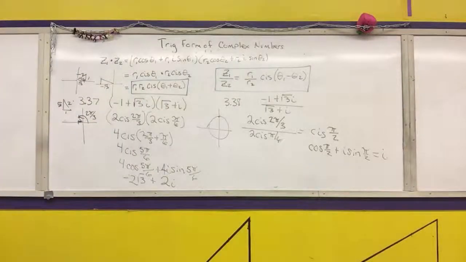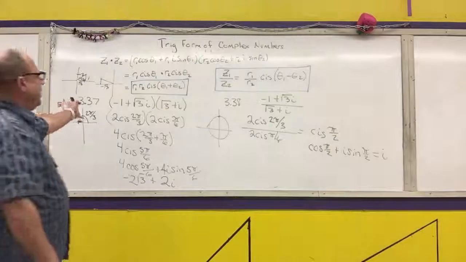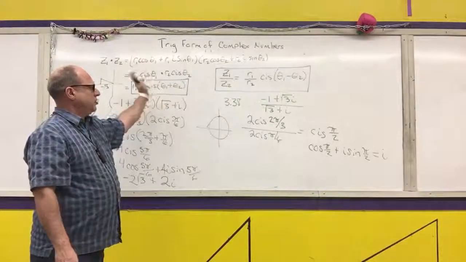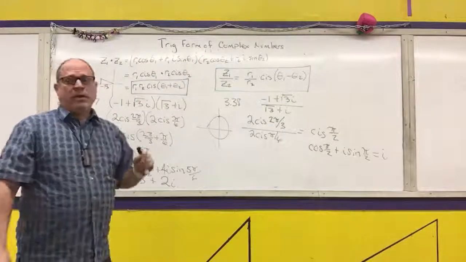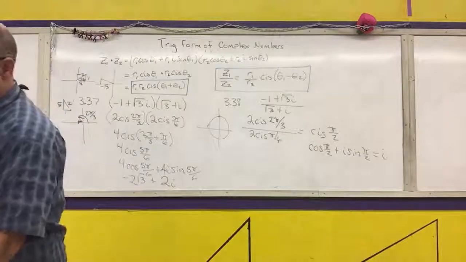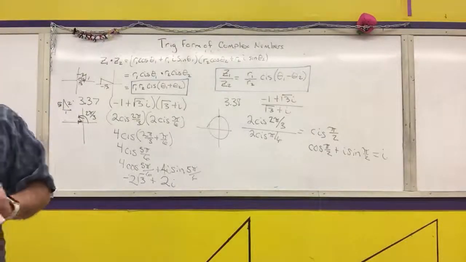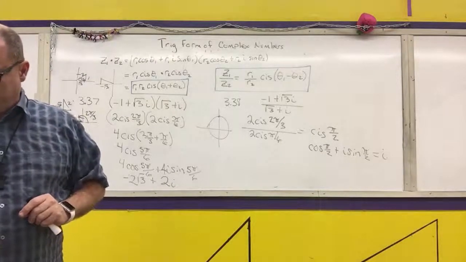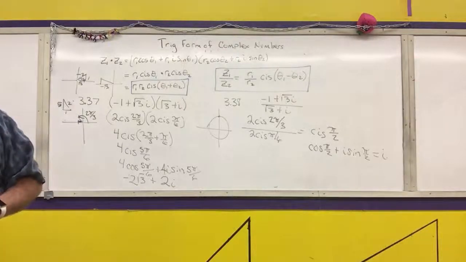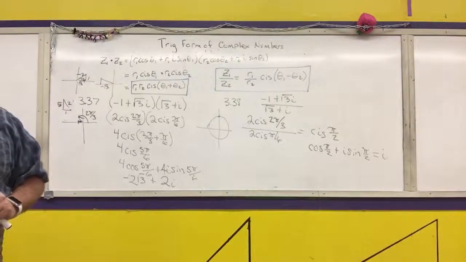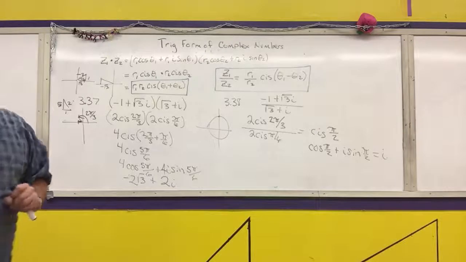So that's how you multiply and divide complex numbers using the trigonometric form. Next thing we're going to do is learn how to raise complex numbers to powers and find roots of numbers using trigonometry.